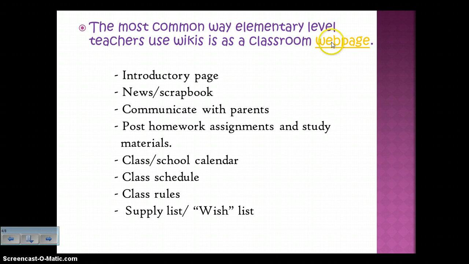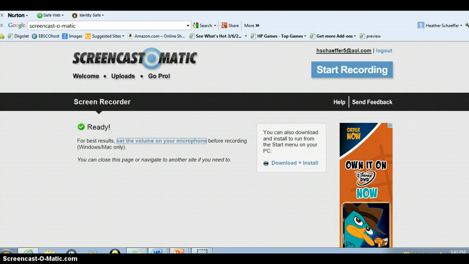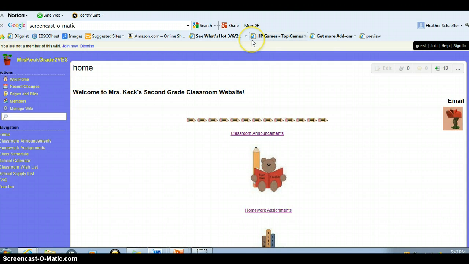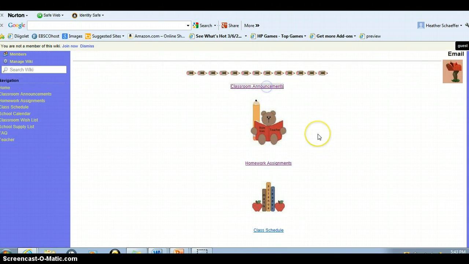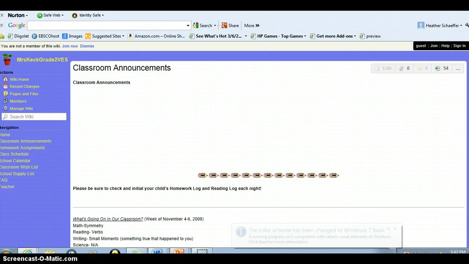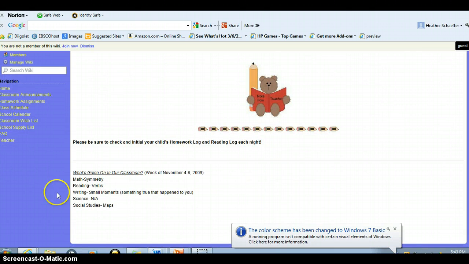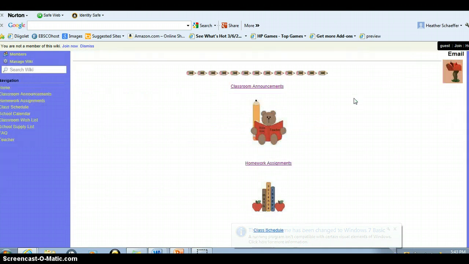So here is one example of a classroom web page using Wikispaces. It's a second grade class. Here she has the classroom announcements. Please be sure to check your child's homework. What's going on in our classroom? Shows the parents what the students are working on at that given time.